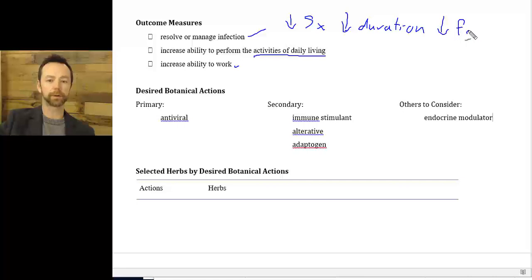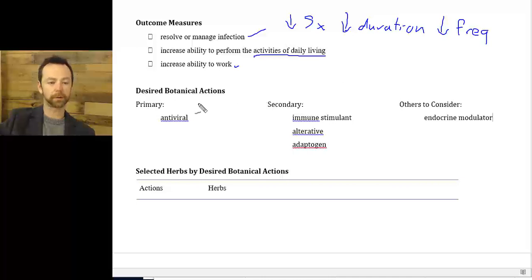So these are usually three of our variables that we can track, often objectively, to some degree at least, in any infection, particularly recurrent or chronic: the severity of symptoms, the duration of symptoms, and the frequency of symptoms. If we were using it in our HEP case here, it would be less frequent outbreaks, shorter periods, I shouldn't say outbreaks, you might call them bouts, and less severe symptoms and shorter durations overall.